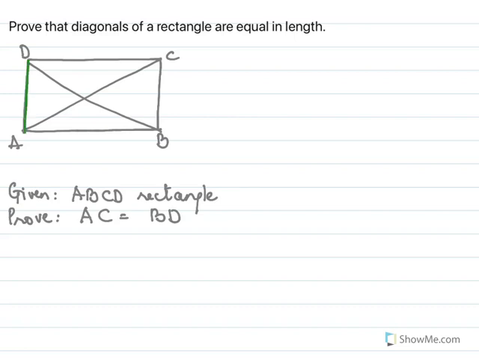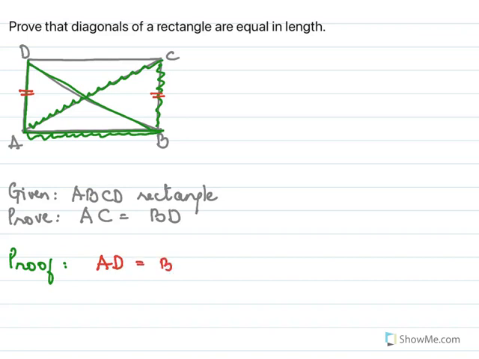To prove this, we'll take the two triangles. We'll take triangle DAB. This is one triangle. And then we take the other triangle, this triangle. And we will prove that they are congruent. So for the proof, we know AD equal to BC, opposite sides of a rectangle are equal.